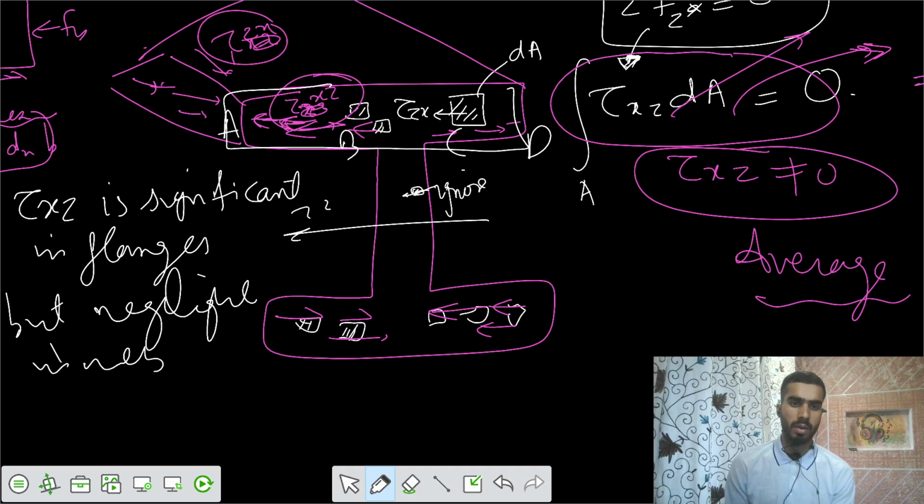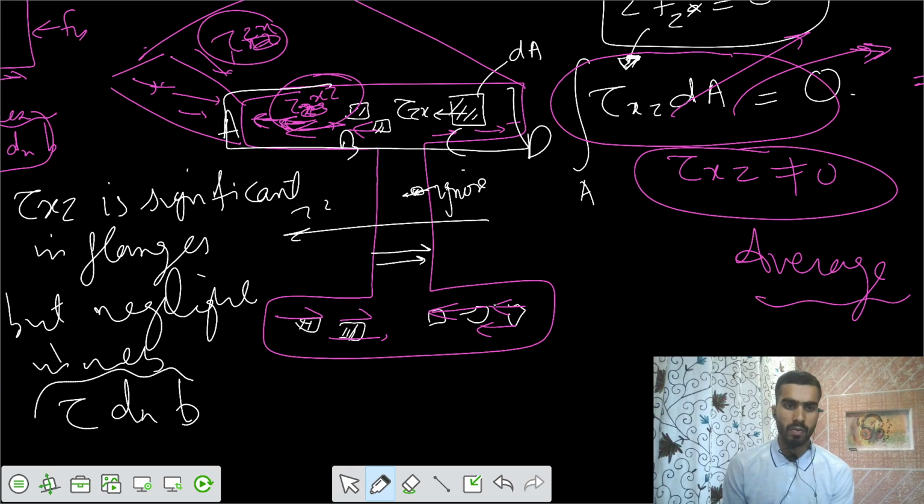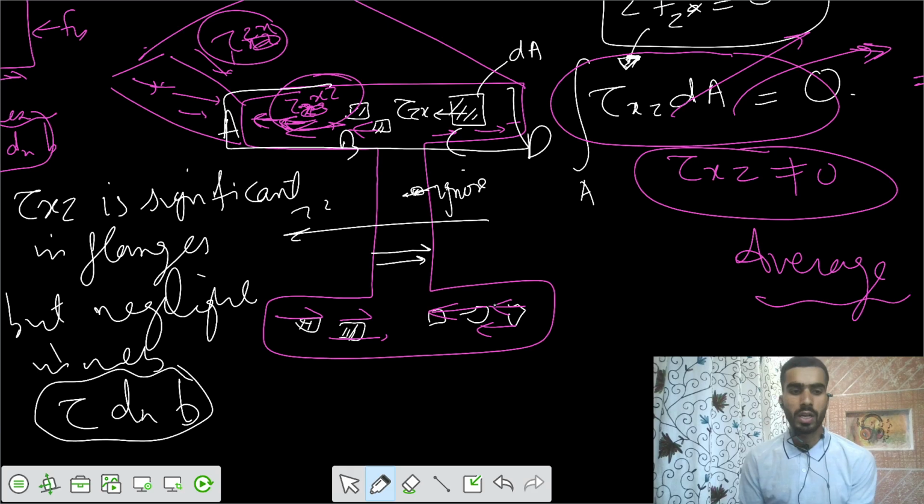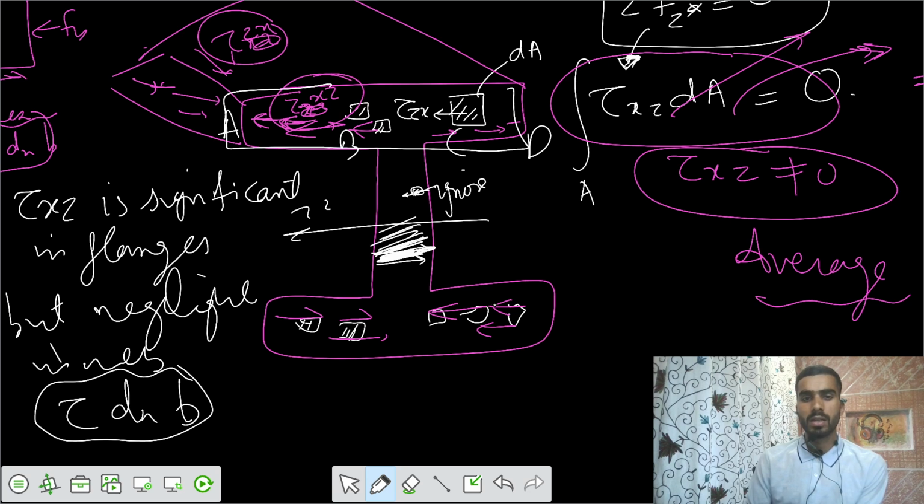web, because you have less thickness here, we have tau dx into t, or width. We have less thickness here, so your shear force contributed, we can say tau xz is less, it's negligible in the web.